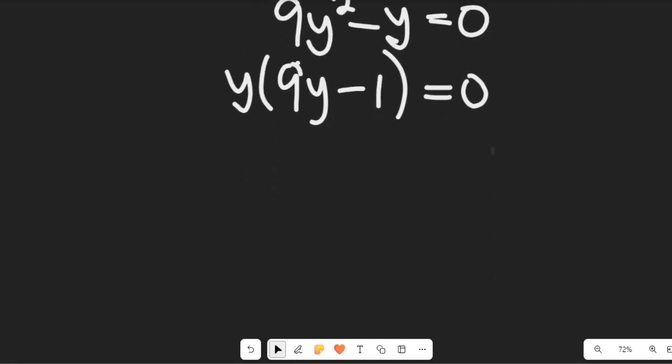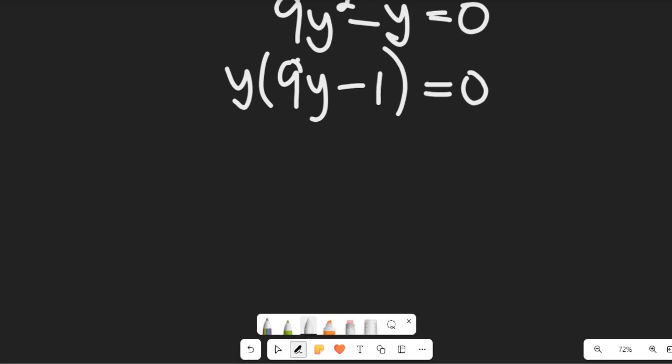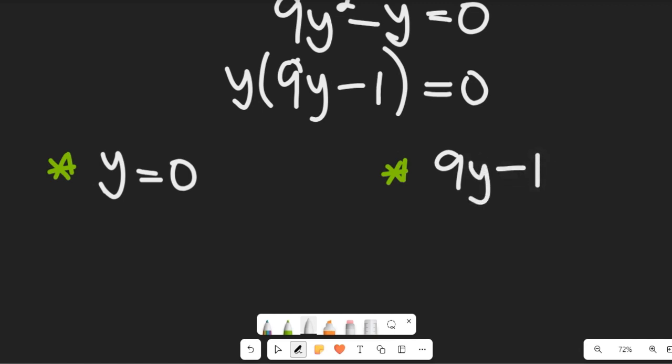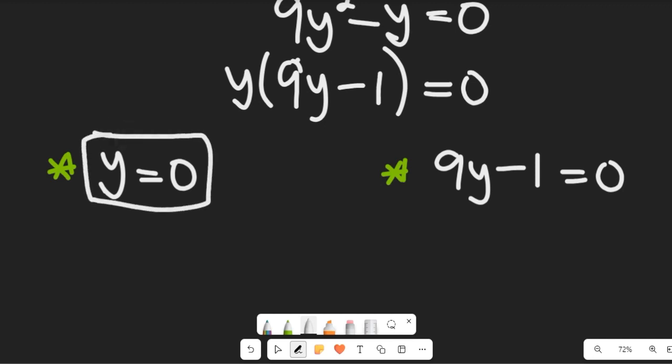Looking at this zero product rule, from the first case, our y is equal to 0. And from the second case, 9y minus 1 is equal to 0.